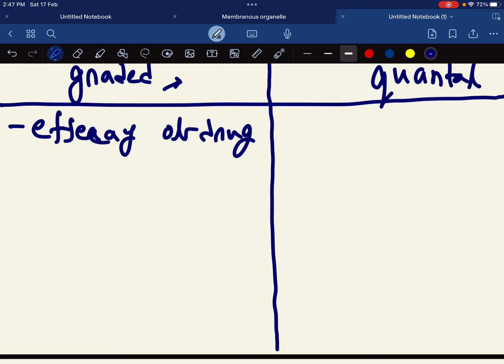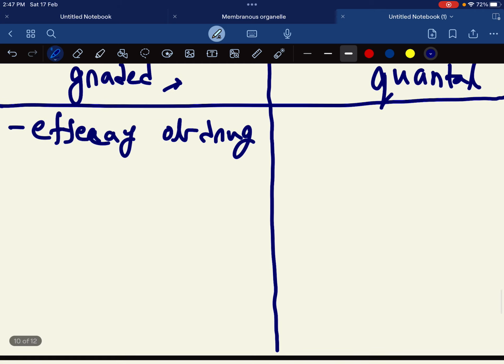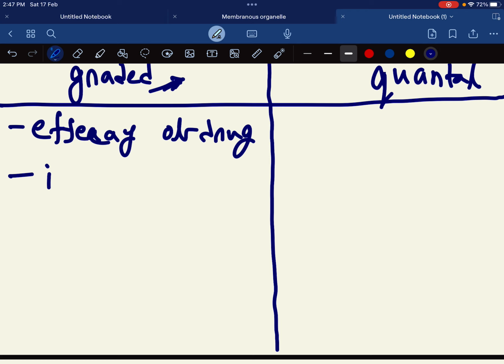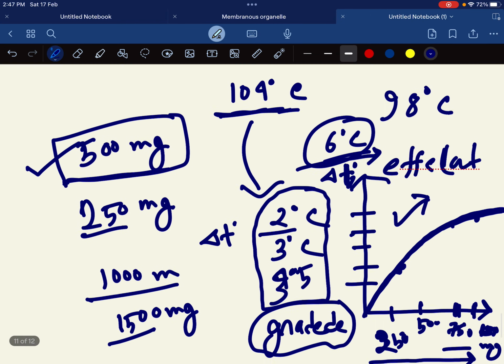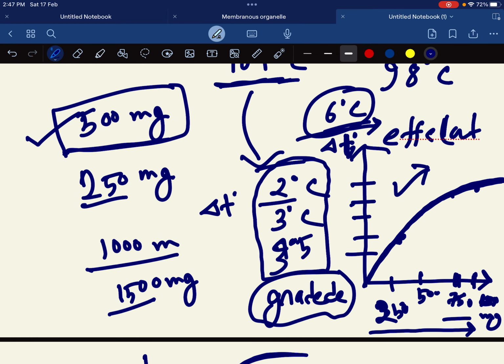Again, the fact we should keep in mind is that in the graded drug response curve, we are taking the data for an individual. So whenever I say body temperature, only your body temperature is to be examined in our experiment in a drug response curve.